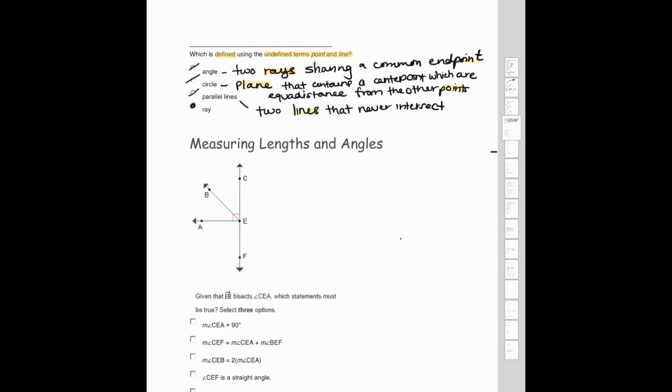Through process of elimination, we can see that the term ray does in fact use the undefined terms point and line. Let's look at this.